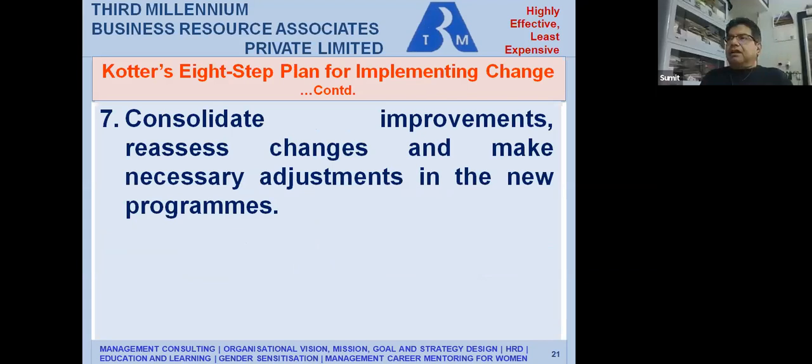Last 2 steps. Consolidate the improvements, reassess the changes, make necessary adjustments in the new programs. This we have already learned in the PDCA cycle also. So whatever improvements have happened, please consolidate that, reassess the changes, make necessary adjustments in the new program.